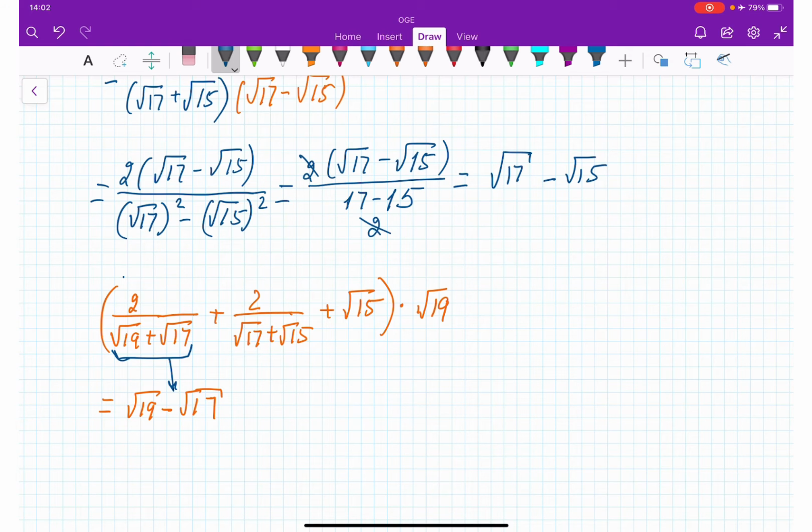Okay, next we are getting plus the result of the second fraction, we got square root 17 minus square root 15, and this is this one. And plus square root 15. And all this multiplied by square root of 19.